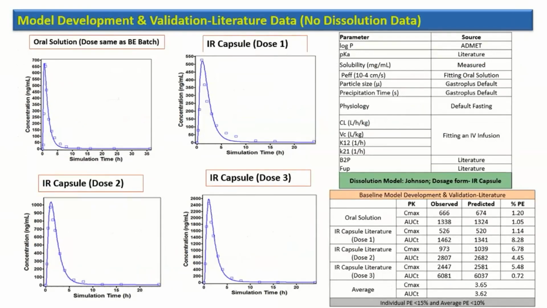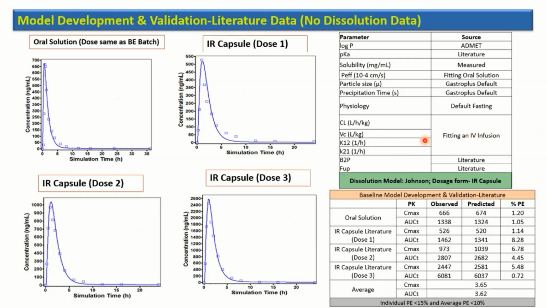So in this stage, the literature data of different dosage form and different dose level were used as observed data for validation purpose. In this stage, the dissolution data were not incorporated. Only the other physicochemical properties, let's say the solubility, effective permeability, etc., and the dispositional parameters from the IV infusions were used to create these models, right?